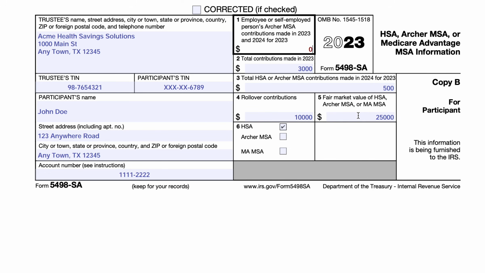So in box 6, it simply reports what type of account this is. So it's a health savings account. It's an Archer MSA. It's an MSA.